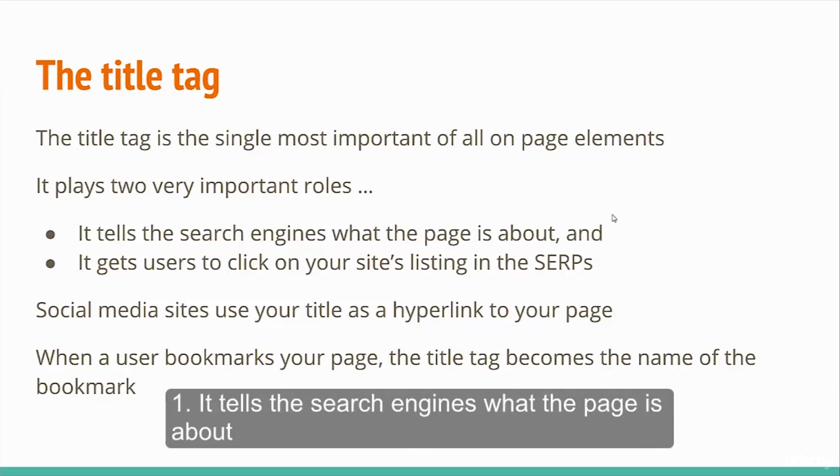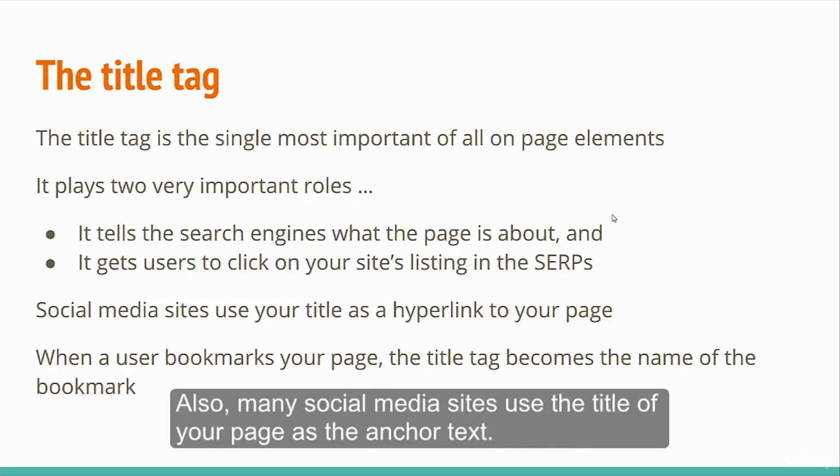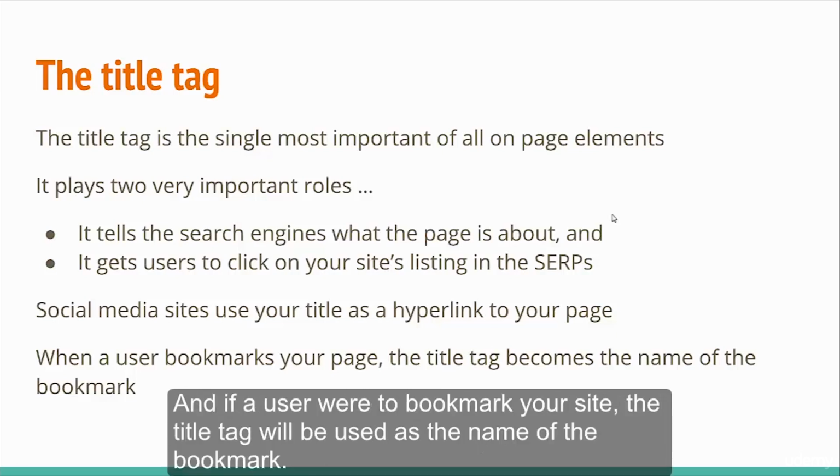It tells the search engines what the page is about, and it gets users to click on your site's listing in the SERPs. Also, many social media sites use the title of your page as the anchor text, and if a user were to bookmark your site, the title tag will be used as the name of the bookmark.